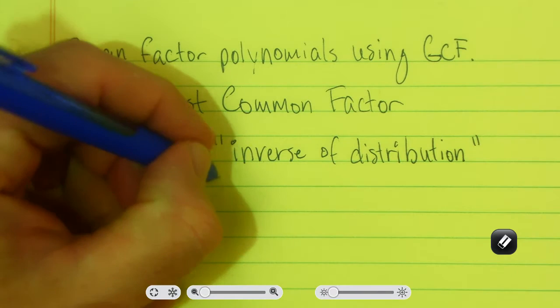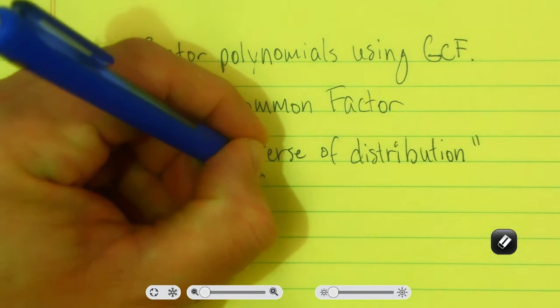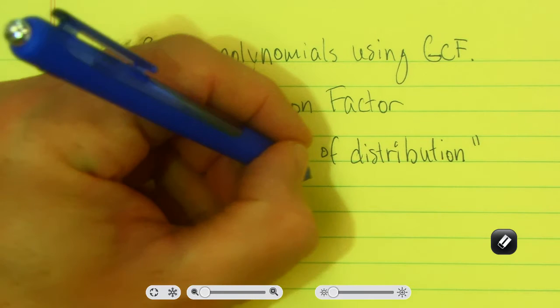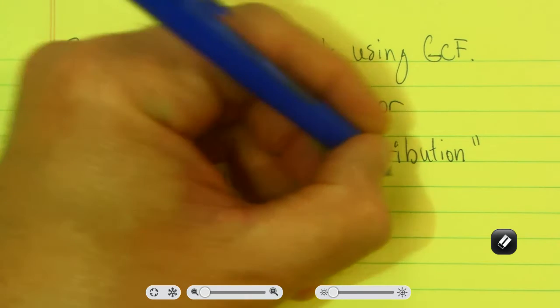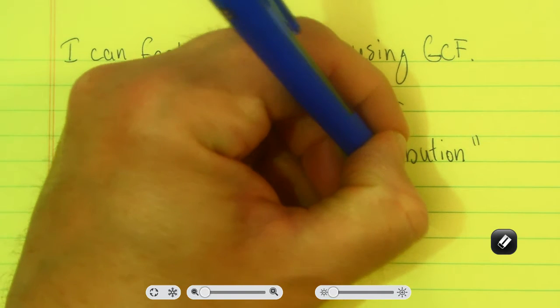So we're kind of undoing what we've been doing here when we were multiplying. We're reversing it.